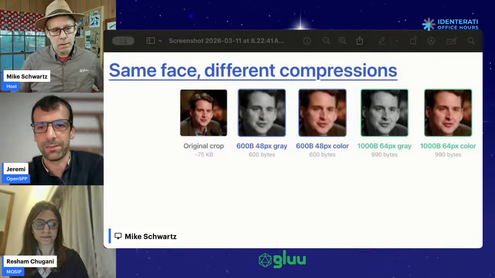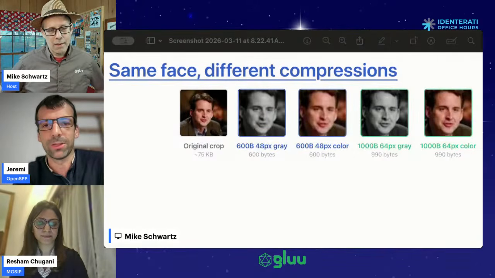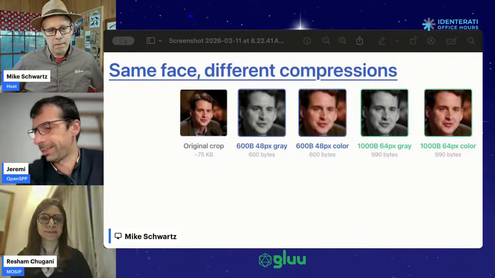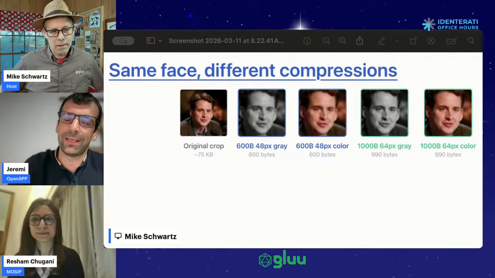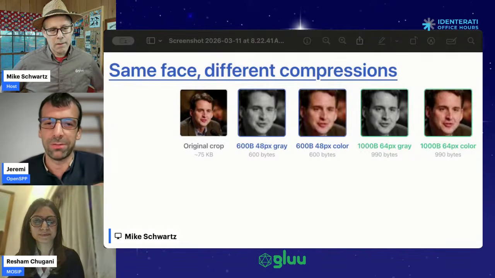And the compression is quite good. If you don't mind showing an example of compression, so people see the different examples. Yes. So this is from the LFW test. The original image is the first one, 75 kilobytes.